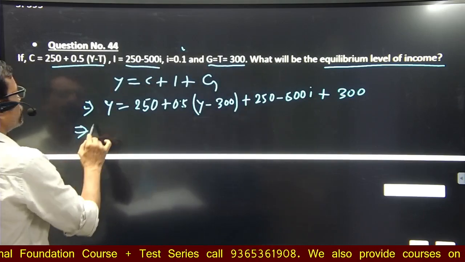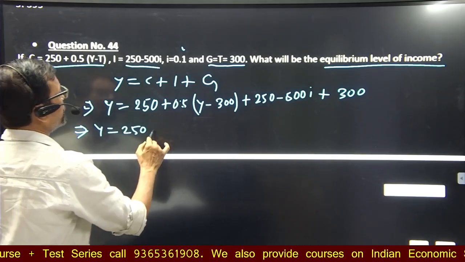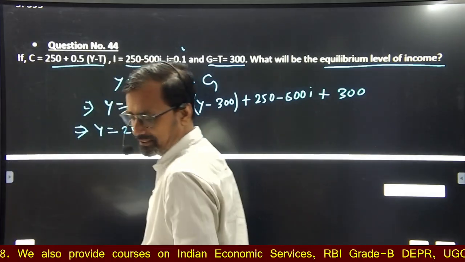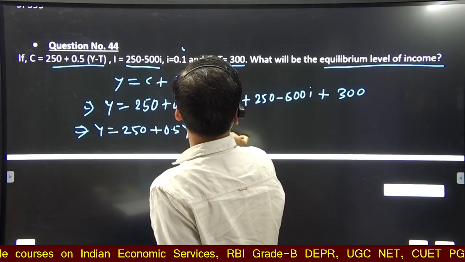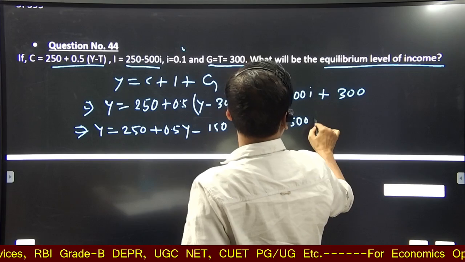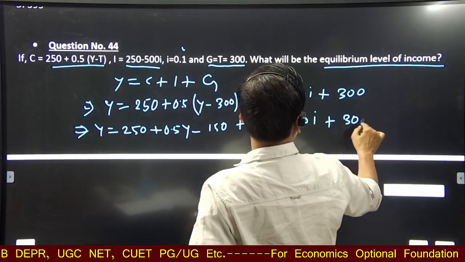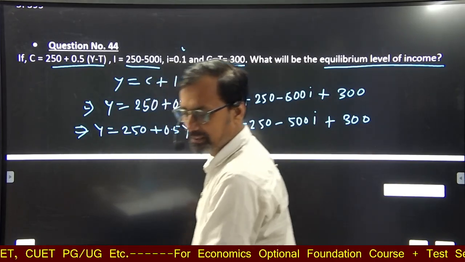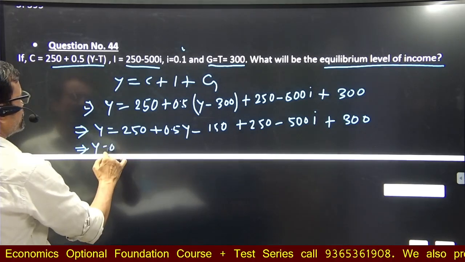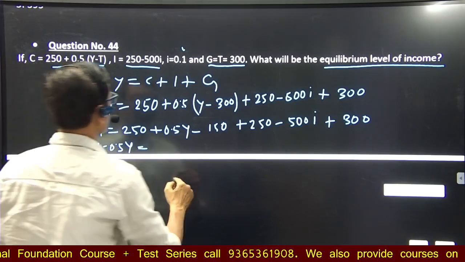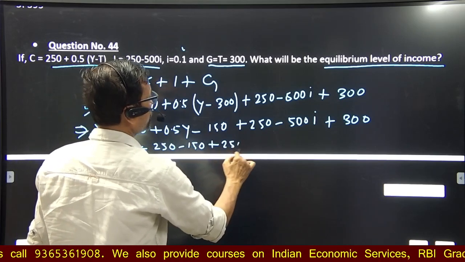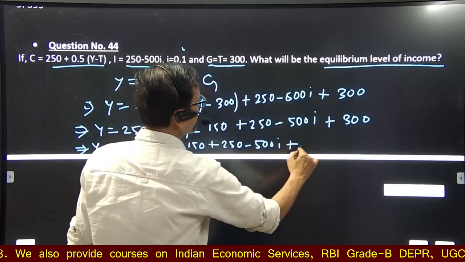That is, Y equals 250 plus 0.5Y minus 150, plus 250 minus 500I, plus 300. Next, moving Y terms after transforming: Y minus 0.5Y equals 250 minus 150 plus 250 minus 500I plus 300.